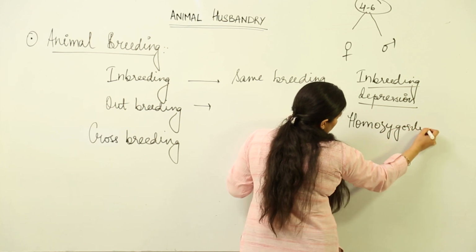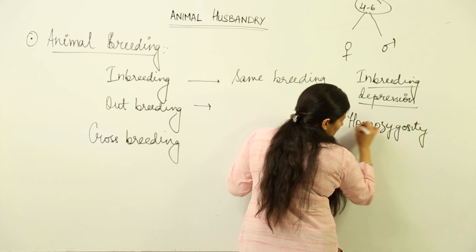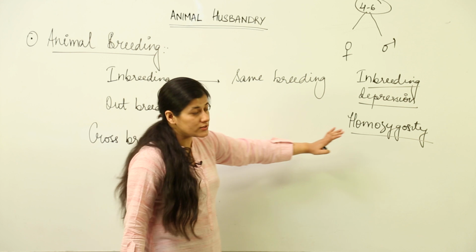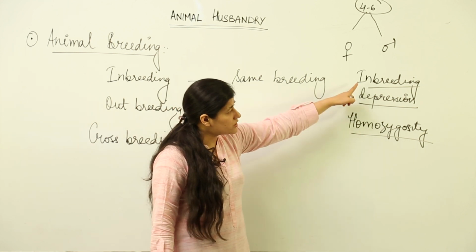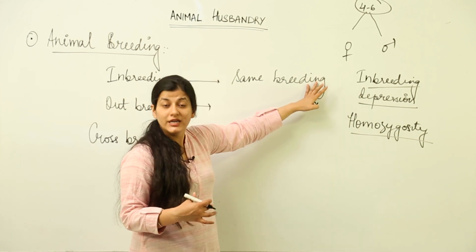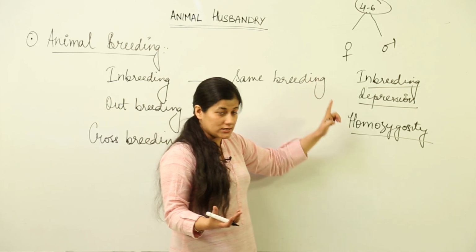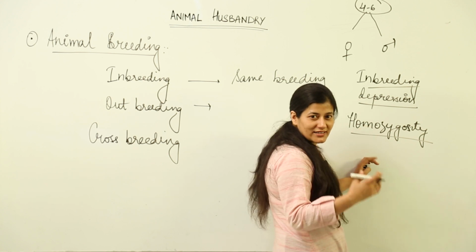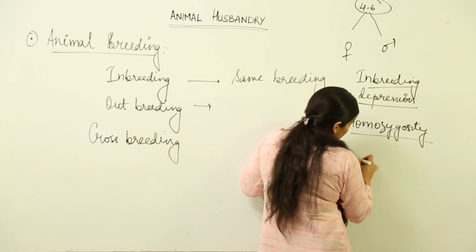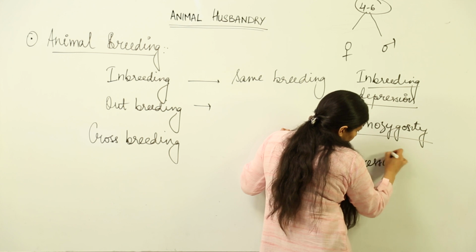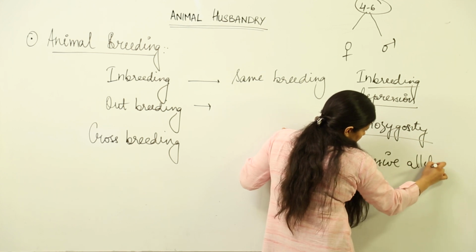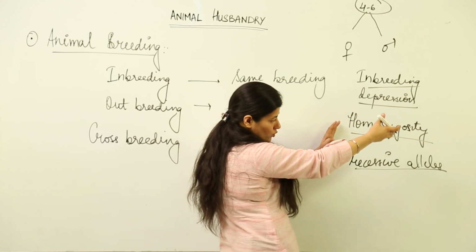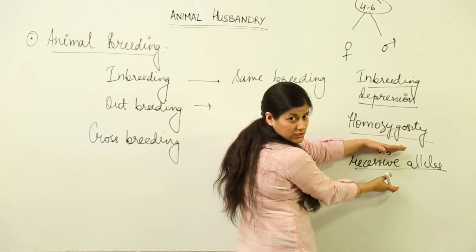Homozygosity means that for expression of a gene, we have a homozygous locus. When homozygosity comes because of continuous inbreeding, there are many chances that recessive diseases or problems that are otherwise hidden come into the scenario. The recessive alleles could express themselves.